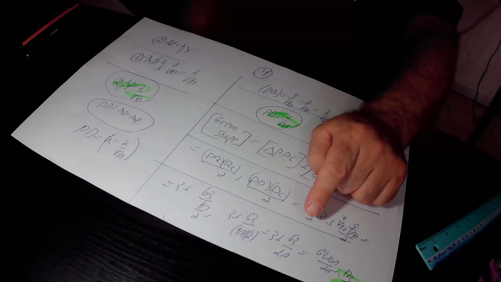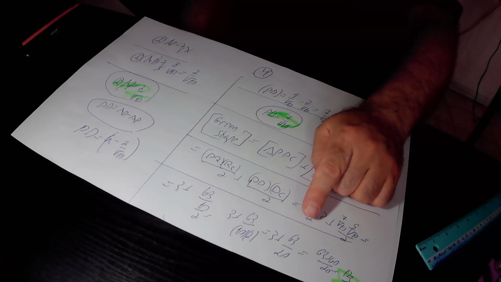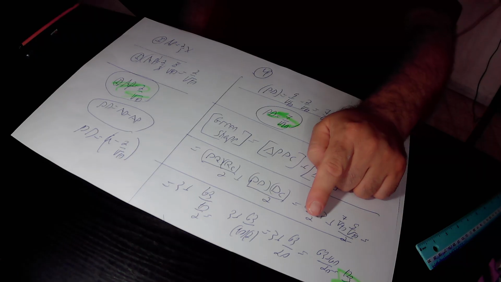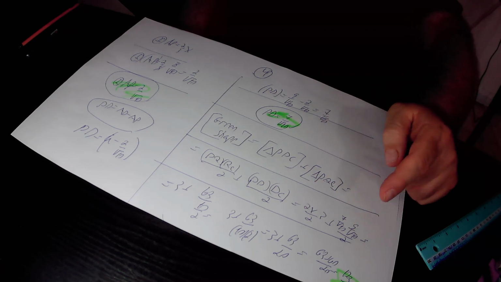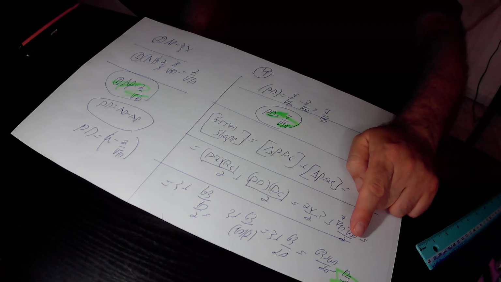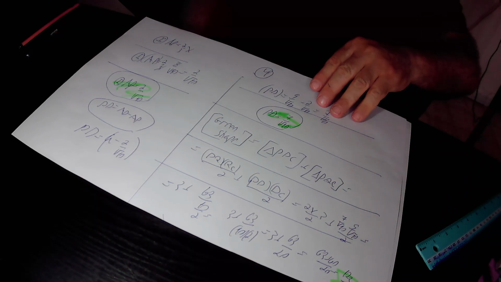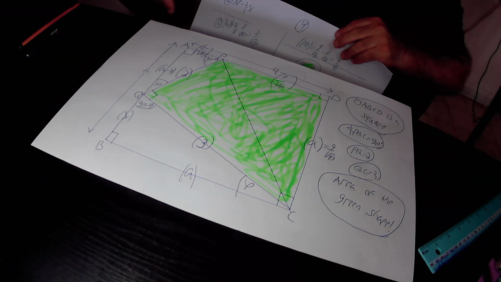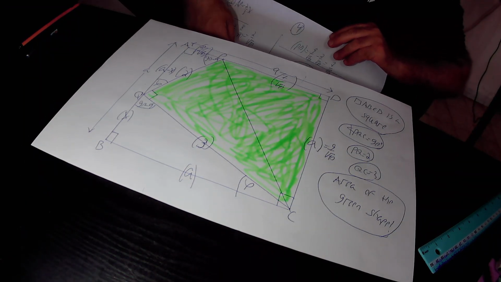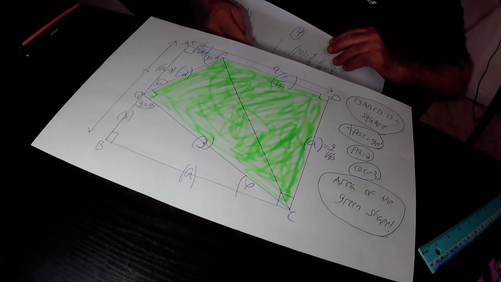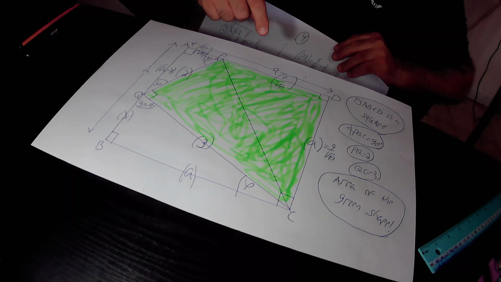Here we multiply 3 by 20 and divide by 20 in order to combine the numbers. So in the numerator we have 63 plus 3 times 20, that is 60, divided by 20. 63 plus 60 is 123, divided by 20, that is 6.15. So the area equals 123 over 20 square units, that is 6.15 square units.